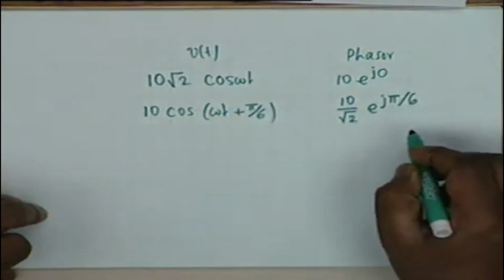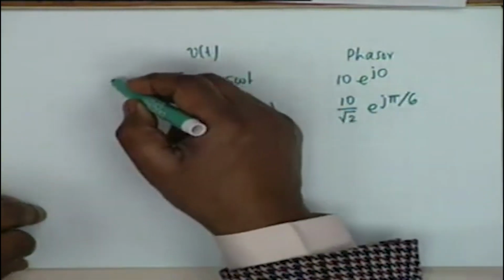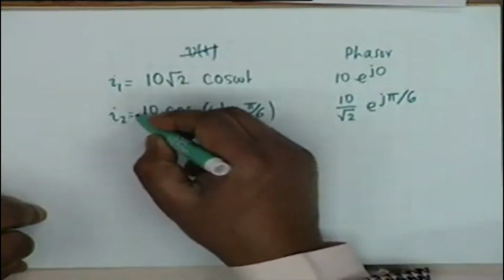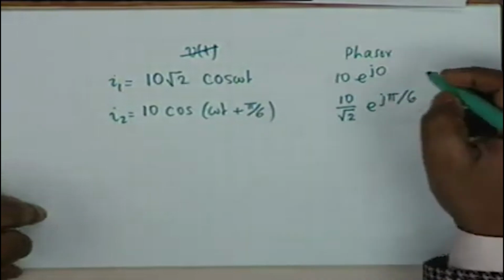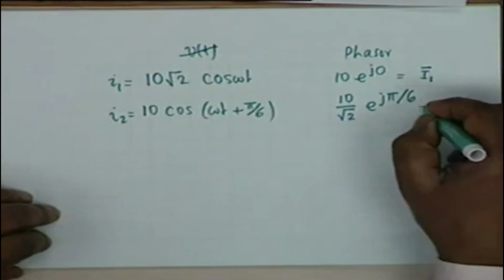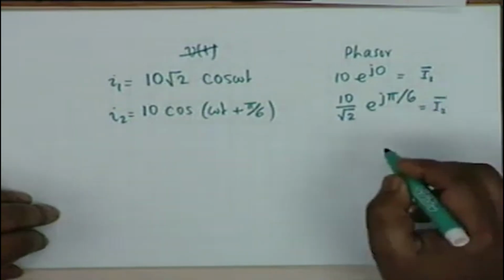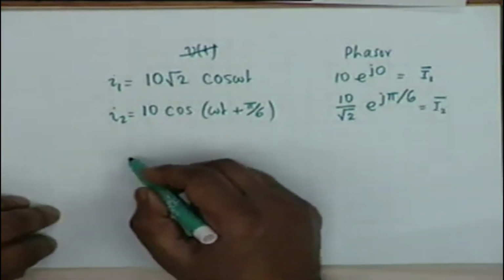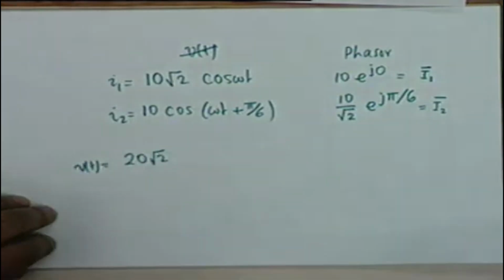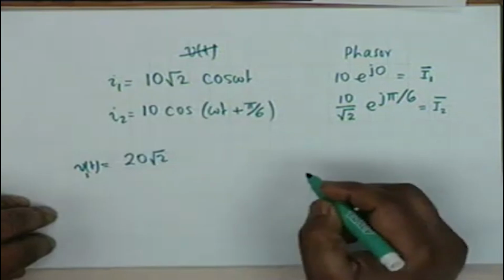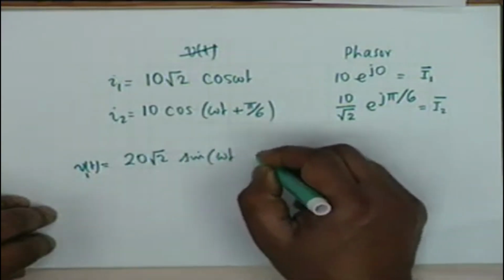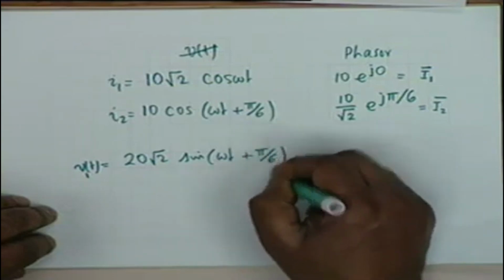Let's say these are currents, to bring variety into the experience. We shall represent these as I1 bar and I2 bar. Suppose I had a voltage V1(t), 20 root 2 sine(omega t plus pi by 6).